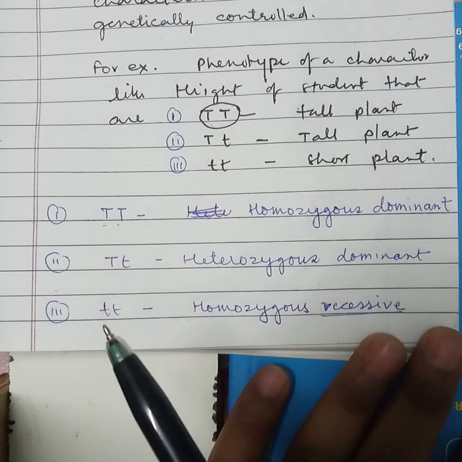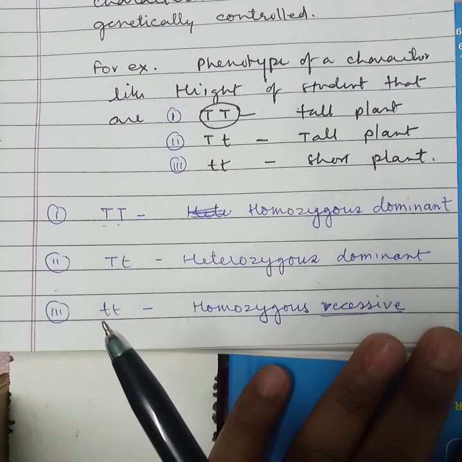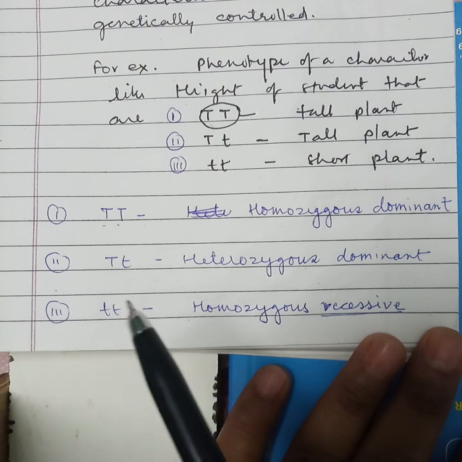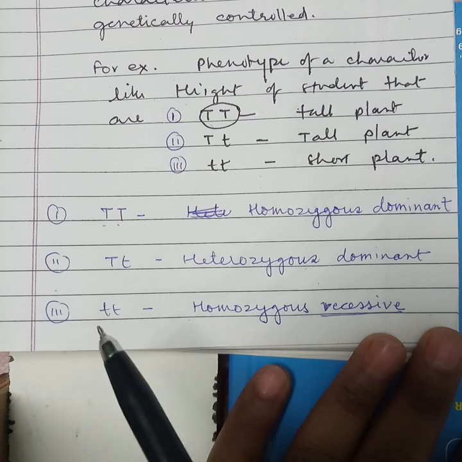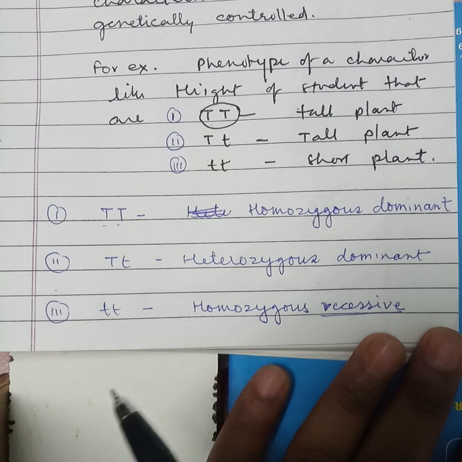In the third one, both are similar, but they are in small letters. When both the alleles are the same, again it is known as homozygous, but it is recessive.